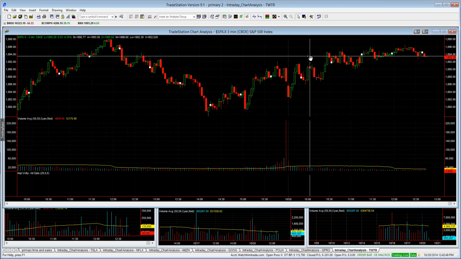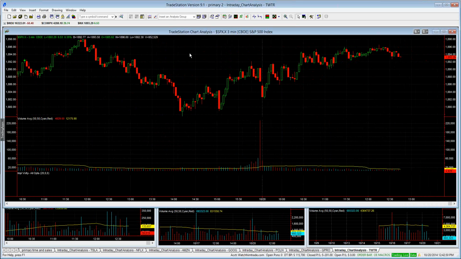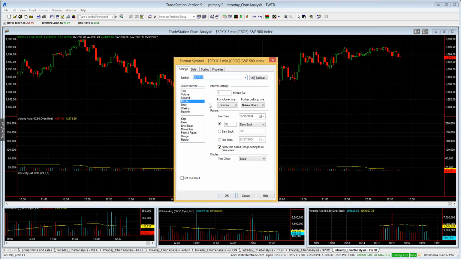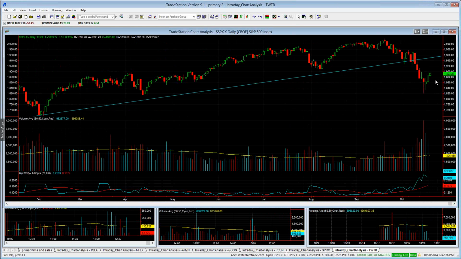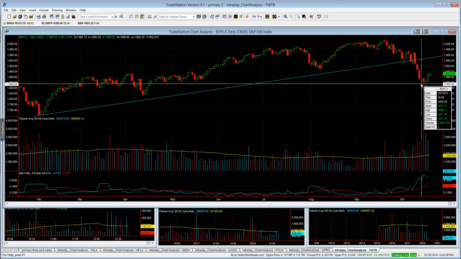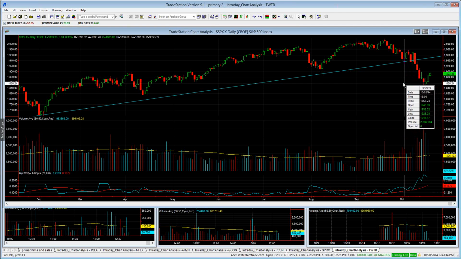Now if you can get above 1900, then you can start rallying again, in my opinion, and start to look like you have more of a confirmed bottom in place. Resistance levels you'd want to watch would be the October 13th high of 1912 and then the October 10th open of 1925, and 1925 was previous support on October 8th and October 2nd.